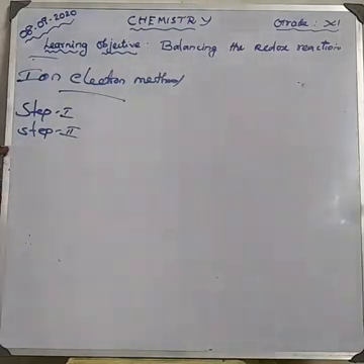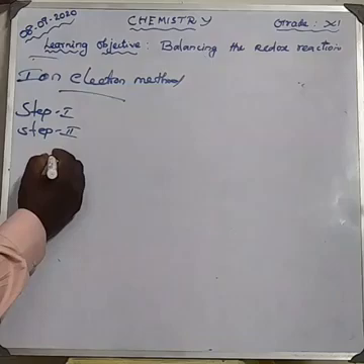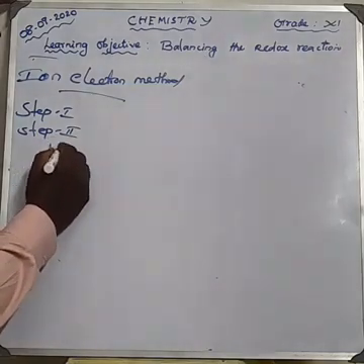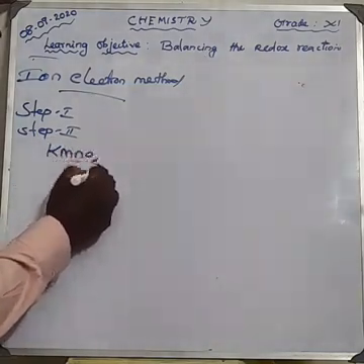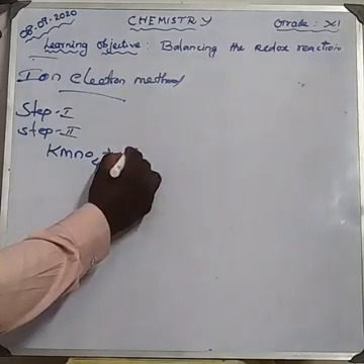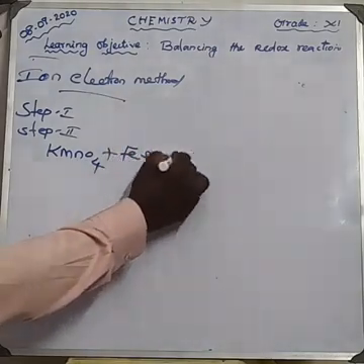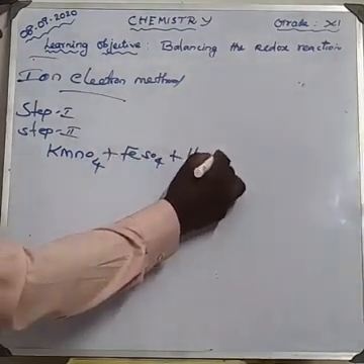Okay. For example, we take the same equation, the reaction between ferrous sulfate, potassium permanganate and sulfuric acid. We get ferric sulfate, manganese sulfate, potassium sulfate and water. That's the same reaction we are taking. That is the reaction between potassium permanganate KMnO4 plus ferrous sulfate FeSO4 plus sulfuric acid.